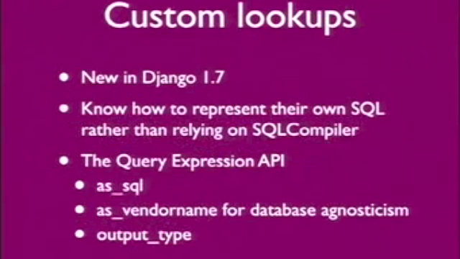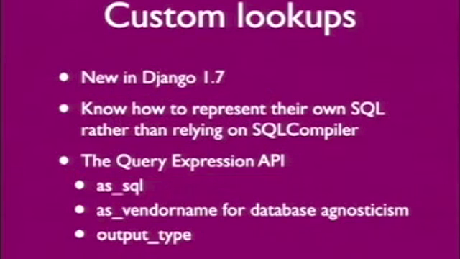Custom lookups. These are also new in 1.7. I've been spending quite a bit of time writing custom lookups with contrib.postgres, but you probably don't need to write them very often. The change from before is that previously they would just say, I'm an exact lookup, and the SQLCompiler would look up in a table what an exact lookup looks like for this particular database, and turn it into a string.